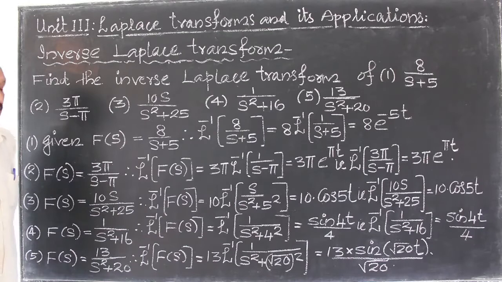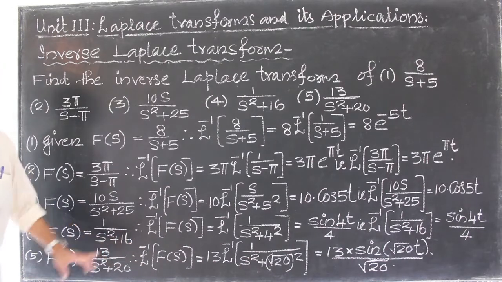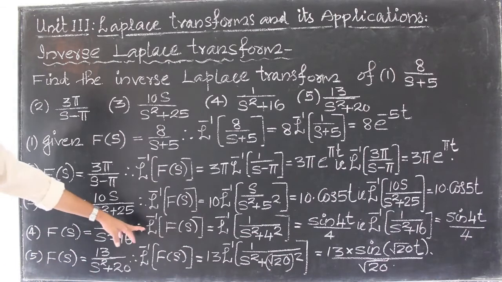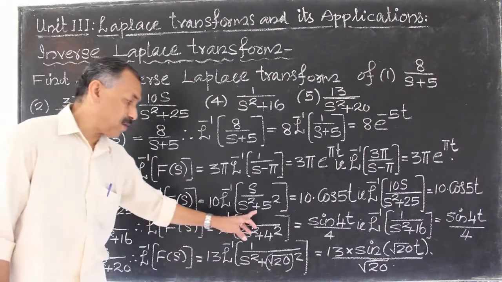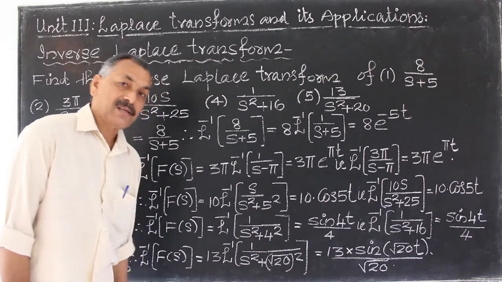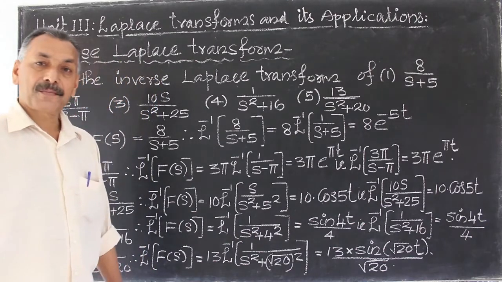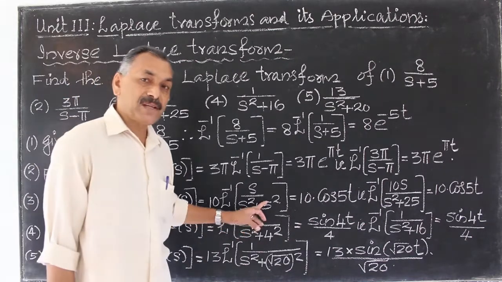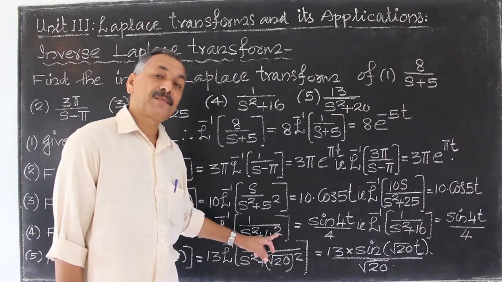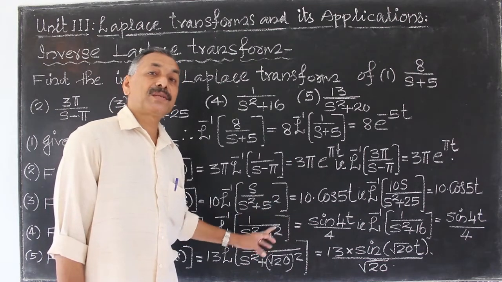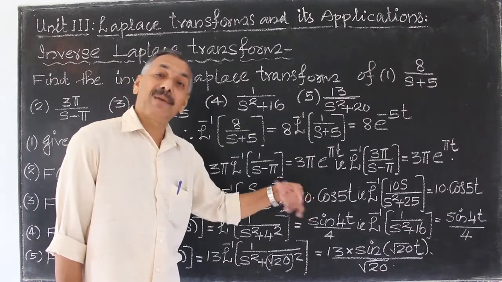Then the fourth question. F of s is equal to 1 divided by s square plus 16. Then L inverse of f of s is equal to L inverse of 1 divided by s square plus 16, where 16 is 4 square. L inverse of 1 divided by s square plus a square is equal to sin at by a.